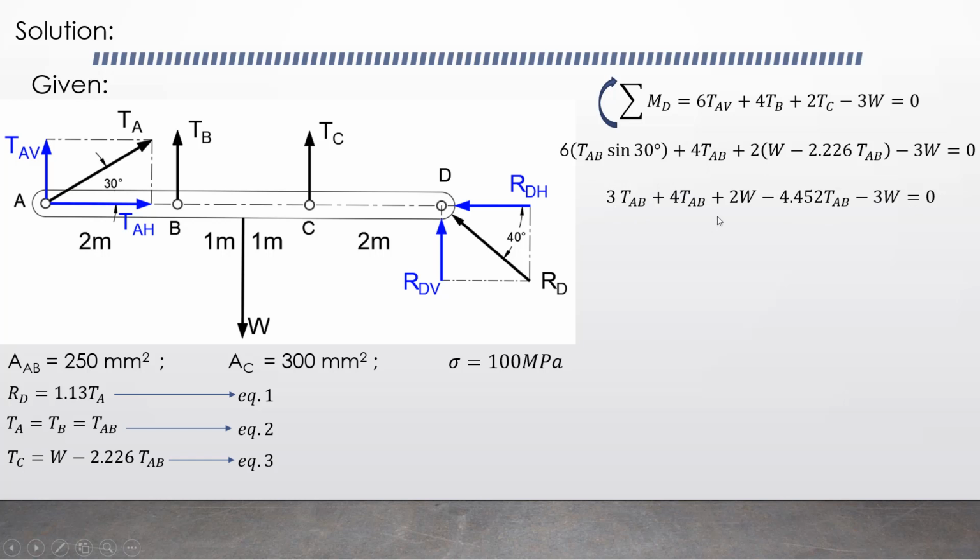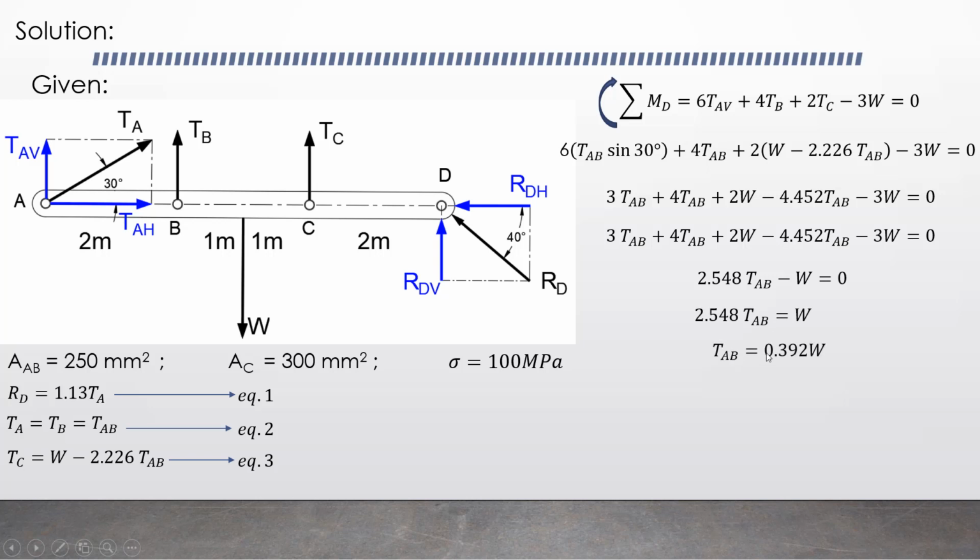So just add all that TAB, and we get 2.548 TAB minus W equals 0. Now we can get the value of TAB, which is equal to 0.392 W. So now guys, all of our equations are complete.